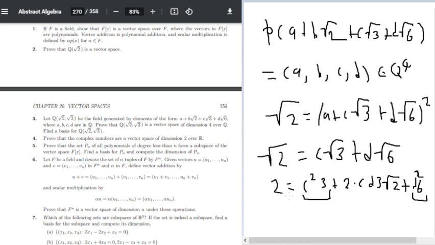So either c or d is equal to 0, but if that's the case, then one of these two has to be like an integer, but that would imply that we have the square root of 2 as a rational number, which is impossible, which means that this is actually a linearly independent set. So these terms can't be written as a combination of each other, so it's both surjective and injective, and it obviously respects the group composition, so it is a proper isomorphism of abelian groups, at least additively.